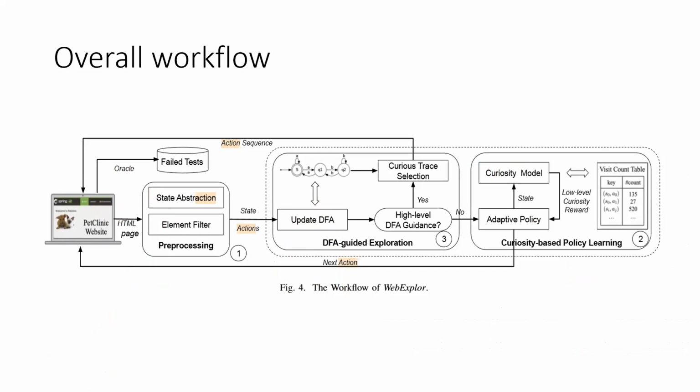So start from, okay, given a website, they will extract out the state. Given a page, they'll find what's the state. Okay, and then given the state, they somehow update the DFA.